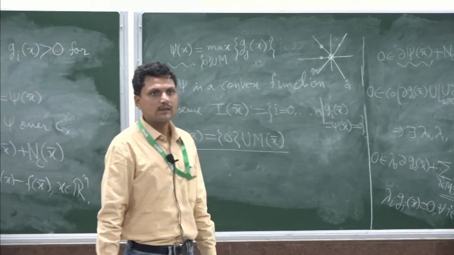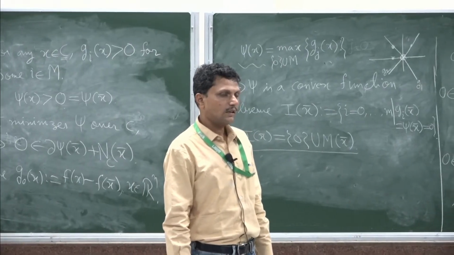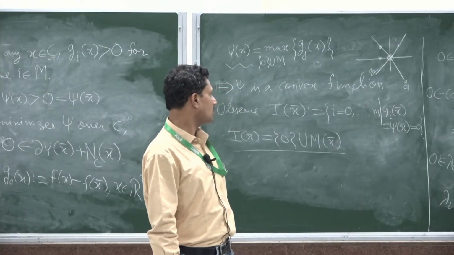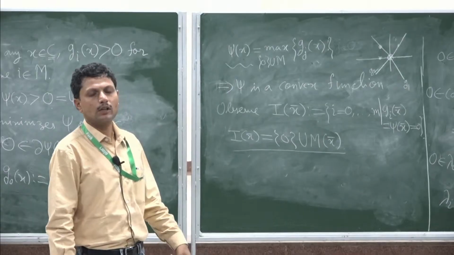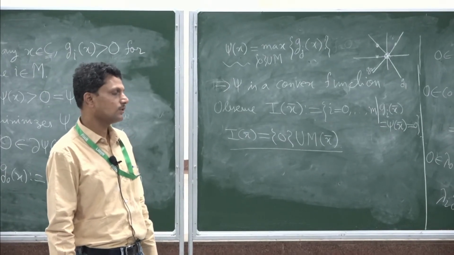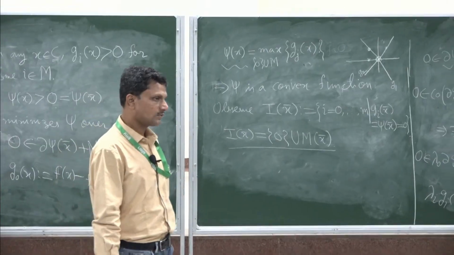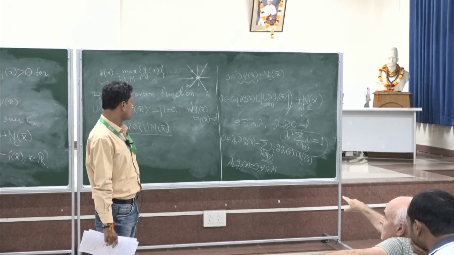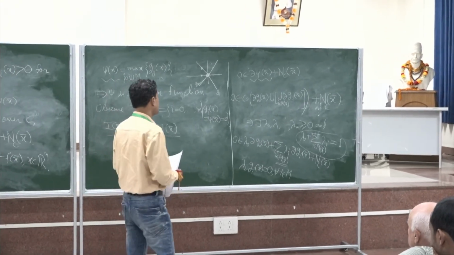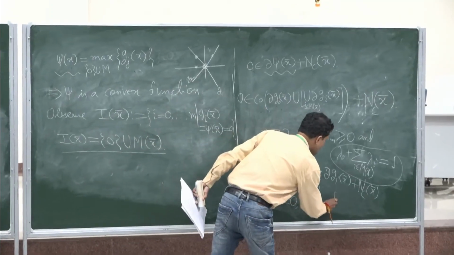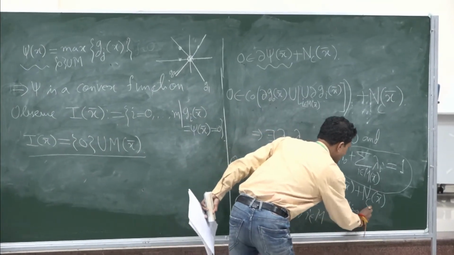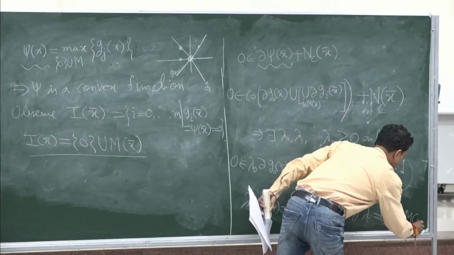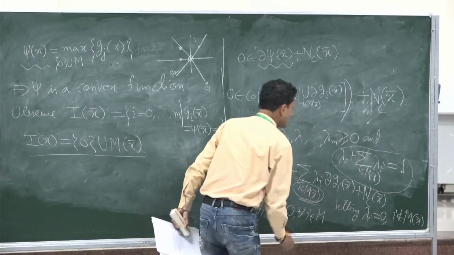So maybe in the next tutorial we can try to find some constraint qualifications, which will give a condition known as the Karush-Kuhn-Tucker type necessary optimality condition. Just a comment: once you set lambda i equal to 0 for the non-active constraints, the summation is over m, and this will be replaced by m.